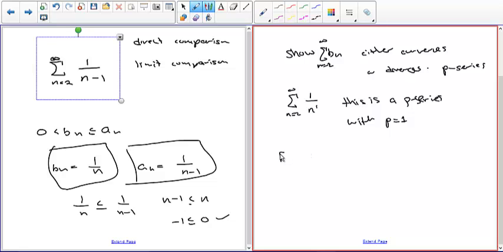We could say for the series, summation from n equals 2 to infinity of 1 over n minus 1, we will use the limit comparison test.